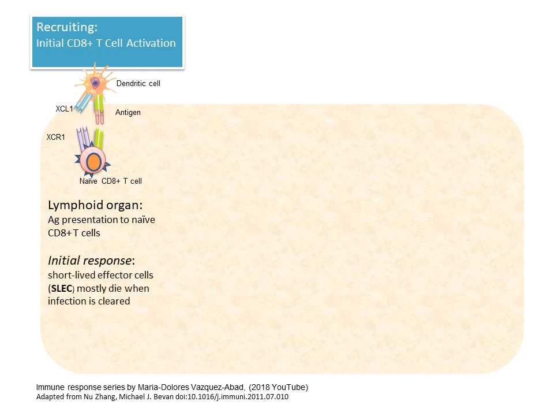And the first response is basically by short-lived effector cells. These are mostly going to die very quickly, but they are going to be like the first line of defense in this recruitment. A subset of cells are the ones we call memory precursor effector cells.